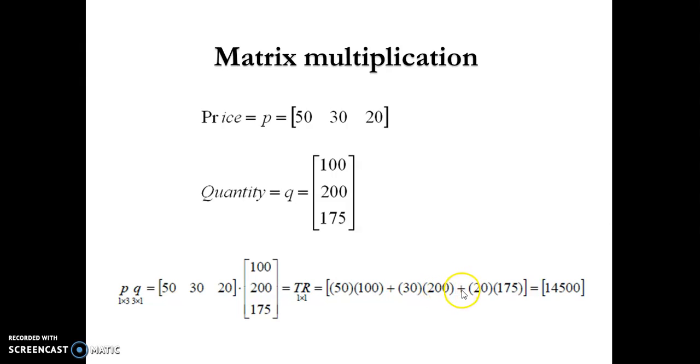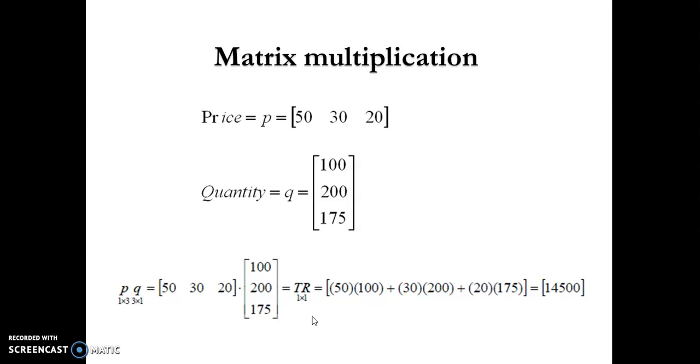Then you're going to add that to the third element in your row times the third element in your column, and that is 20 times 175. So you're always taking the element in the one matrix by its corresponding element in the other matrix. Then you add these together, and what you are yielded is your total revenue. And this is simply one row, one column, as you have over here.